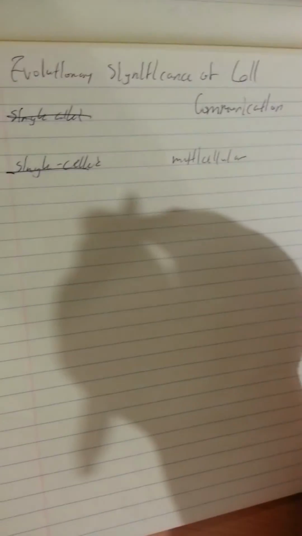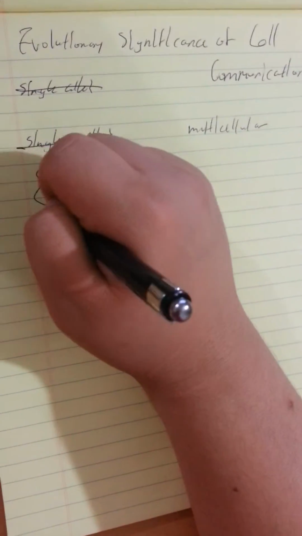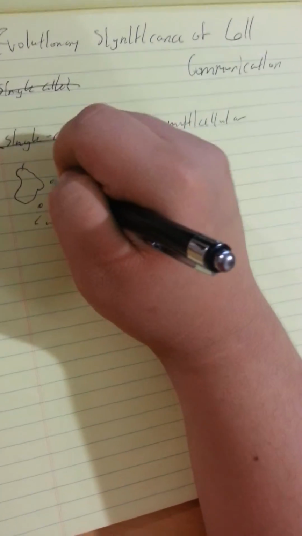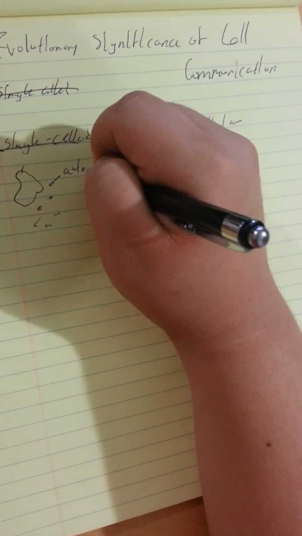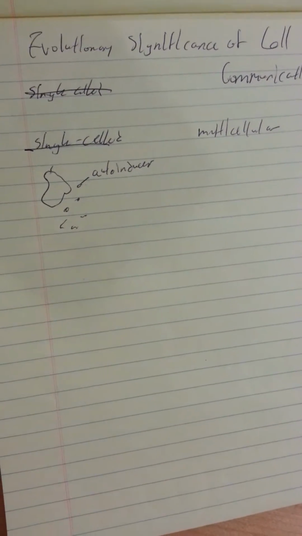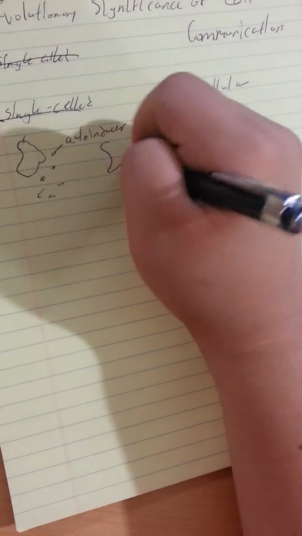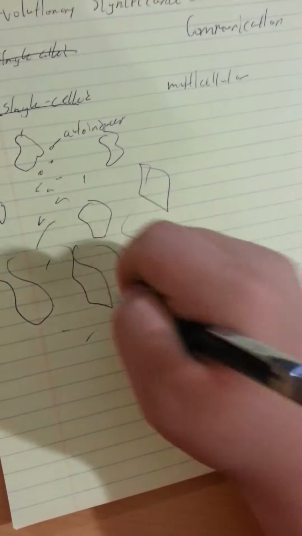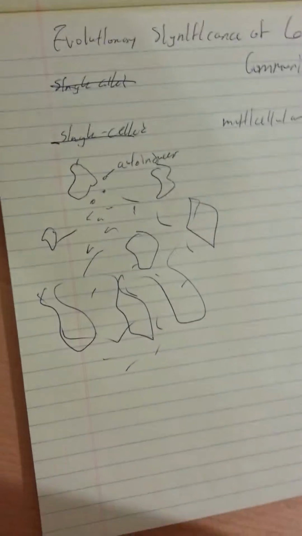Basically how this works is one little bacteria gives off these things called autoinducers. It's a protein. But when there are several bacteria, they have all these autoinducers.